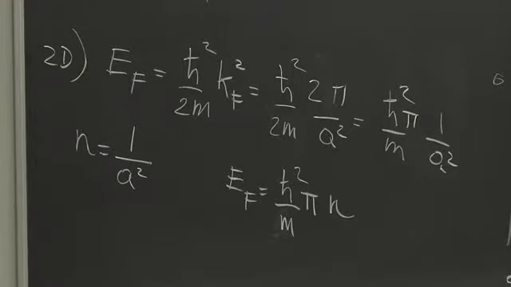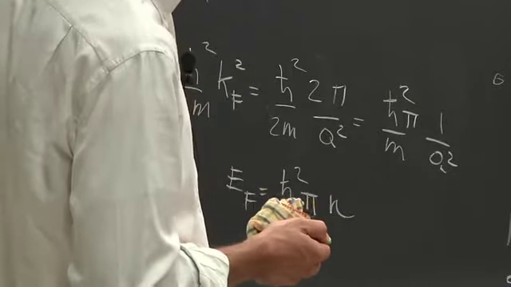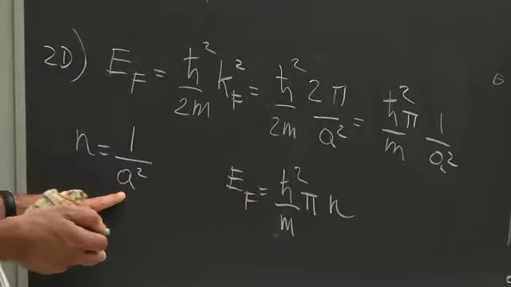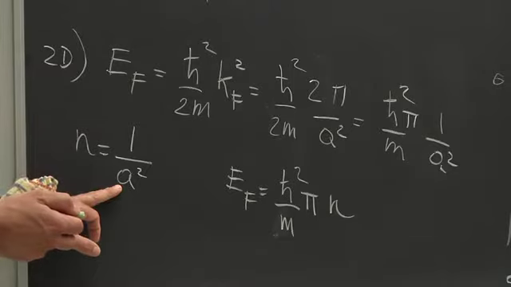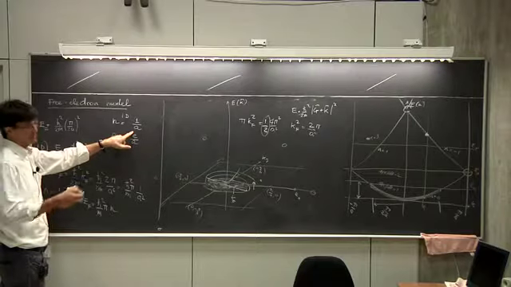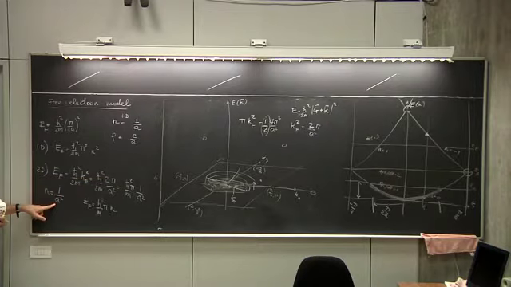Yes? Shouldn't we change the definition of our density because this is not one-dimensional? Why not? This is a 2-dimensional density, right? Number per area. This is number of electrons per length, 1 dimension. This is number of electrons per area.